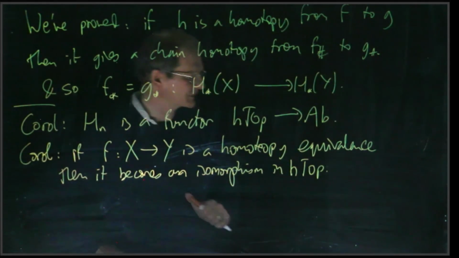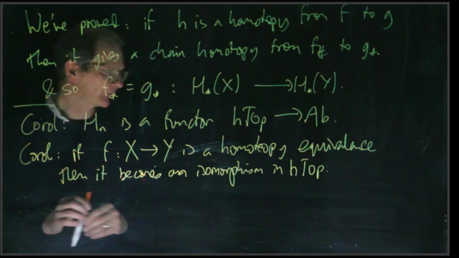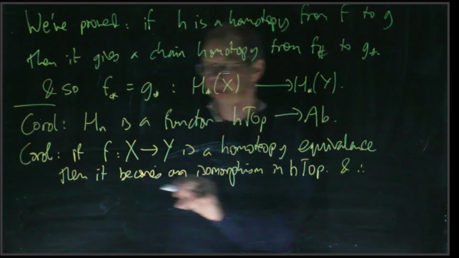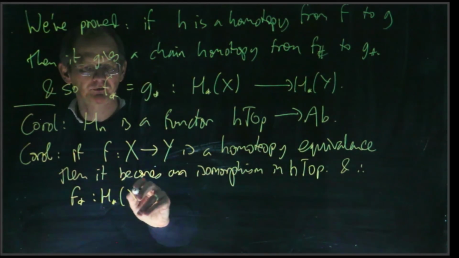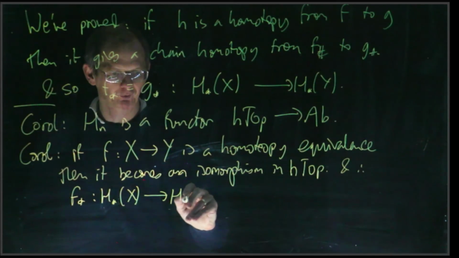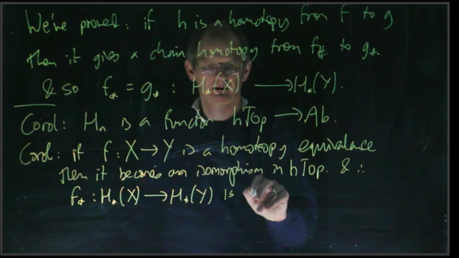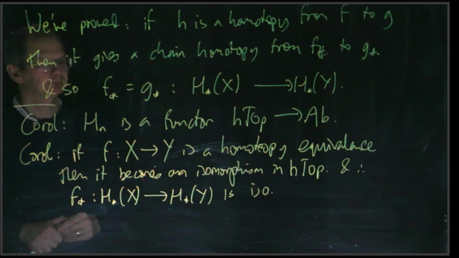That's more or less the definition of what we mean by a homotopy equivalence. It's a map that becomes an isomorphism in H-top. And remember, functors send isomorphisms to isomorphisms always. So we see that you get an isomorphism of homology groups.